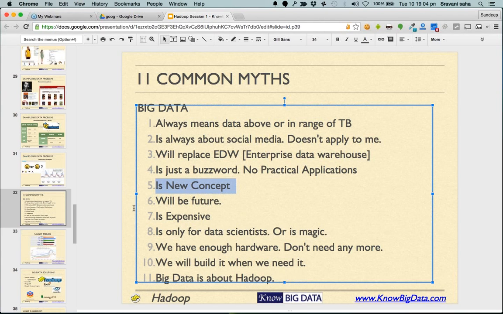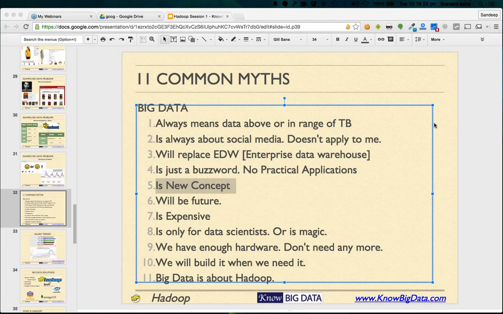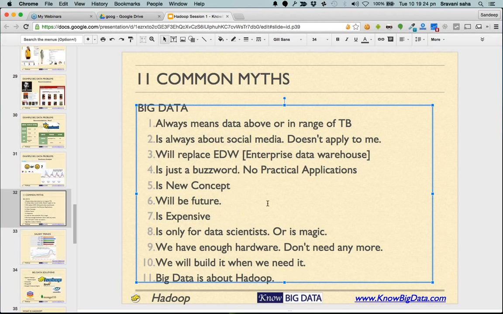When we had hard disks of 16 gigabytes or 8 gigabytes, the kind of storage we had built was in petabytes. So it is not a new concept, it has been there for quite some time.